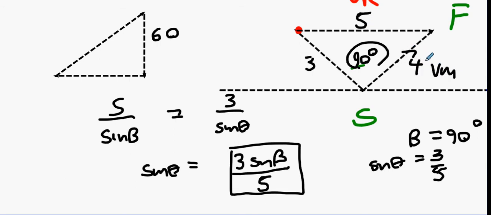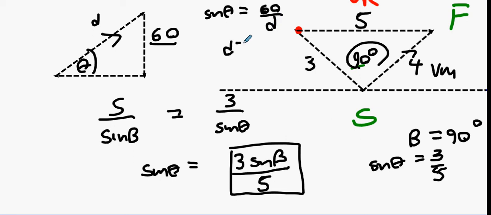Now we know this is 60, and we know that this is theta. How do I find out the diagonal? What can I say about the diagonal? Sine theta is 60 over d. d equals 60 divided by sine theta. And what is sine theta?